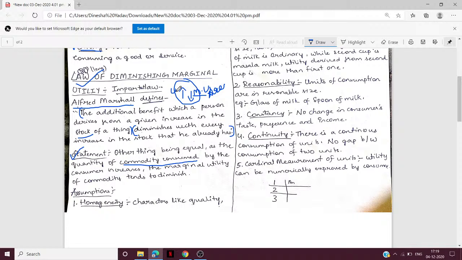As consumption increases, marginal utility decreases. This statement says this. After that, you should write assumptions, which is very important. So always try to write assumptions first. Hope you have understood till now. If you have any queries, you can ping me in the chat box so that I can clarify your doubts.